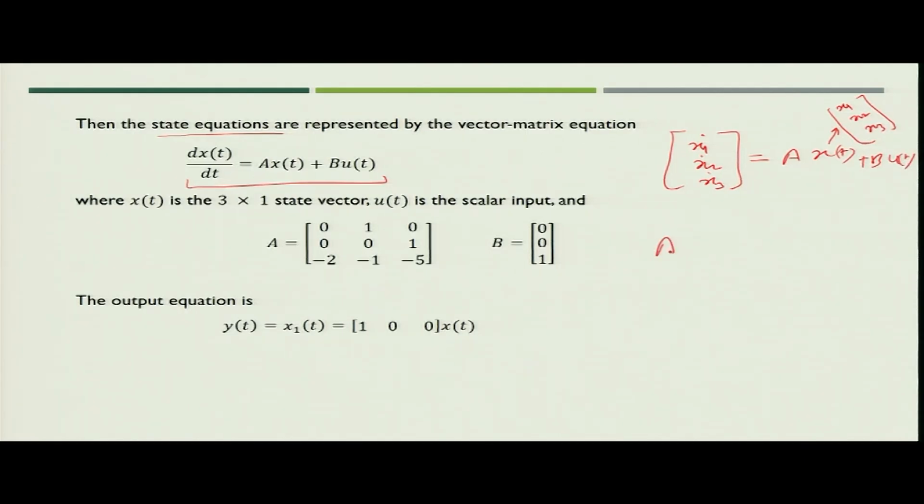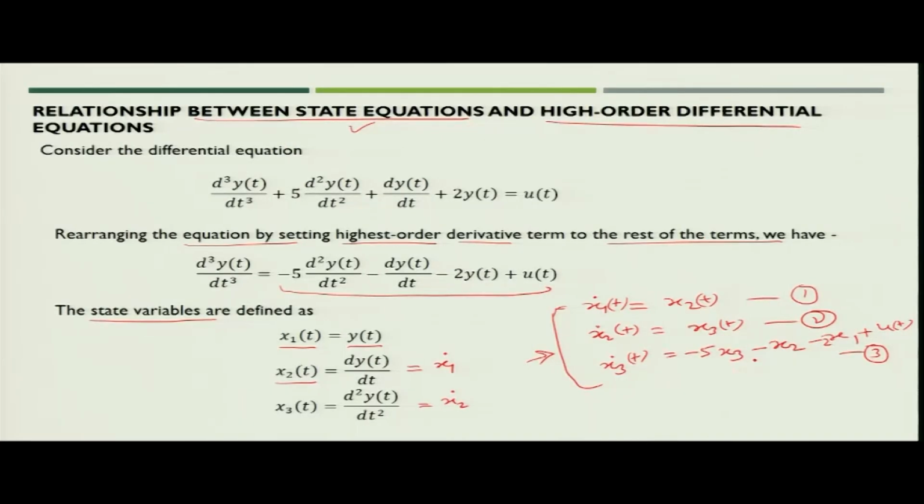Now, what is the value of A? If you see these three equations which you have derived, you can simply find the value of A. For x1 dot, the x1 component is 0, x2 has coefficient 1, and there is no x3 component, so again 0.